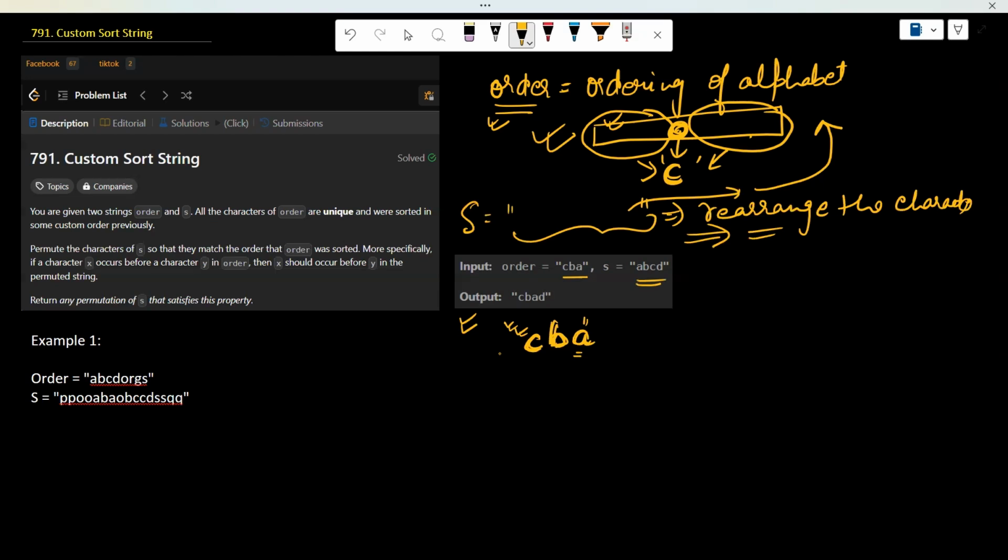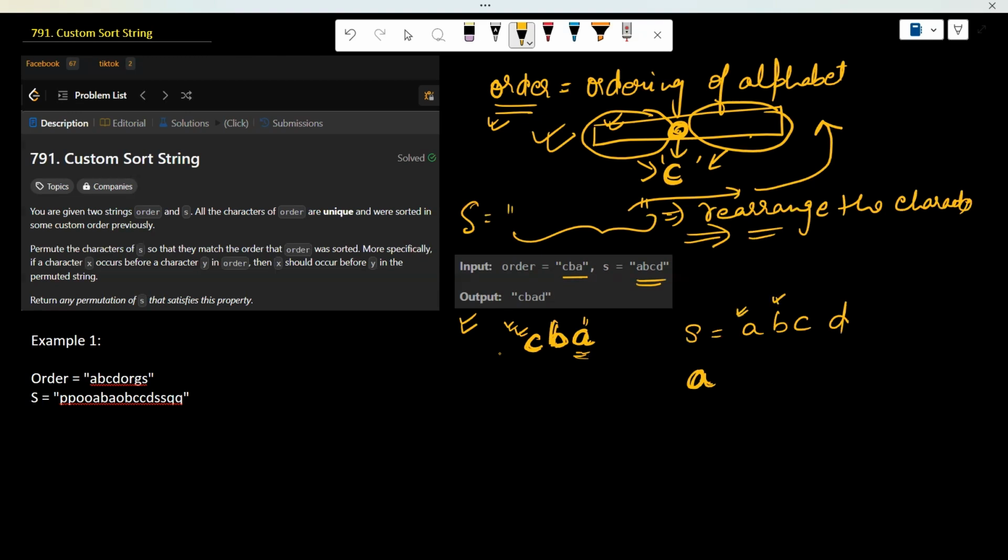Now, suppose we are given a string s equal to A, B, C, and D. If we see the first character, A, since it is present and it is being followed, like after C and B, A is coming. We don't have C and B yet, so A alone is satisfying.